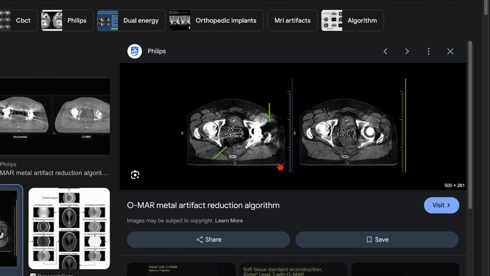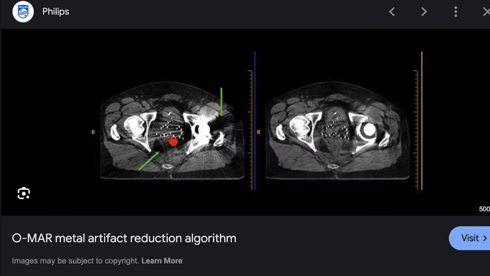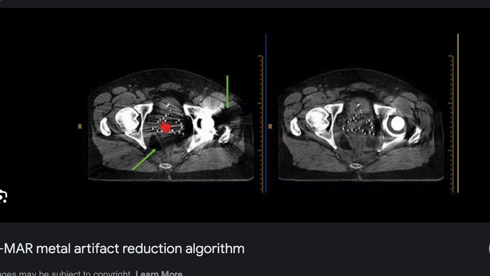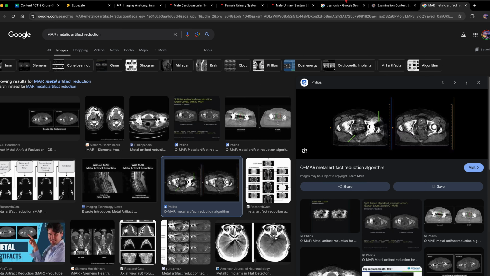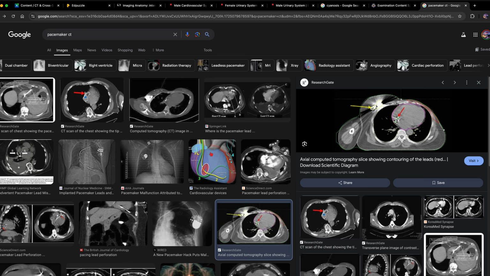And you can see the impact here on a set of scans that has not used that algorithm, and the one on the right has it. So you can see there are fewer streak artifacts on this one and more on the one that's not done with the metallic artifact reduction algorithm. And sometimes that's necessary if the patient has unremovable metallic artifacts such as a pacemaker.